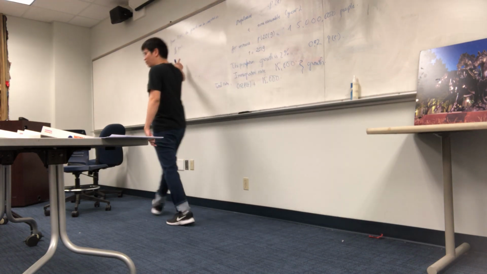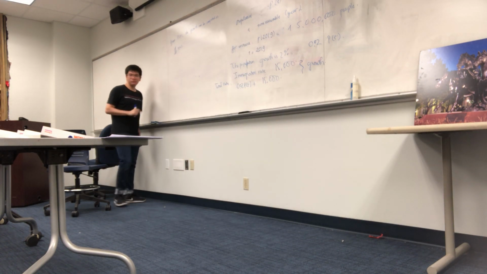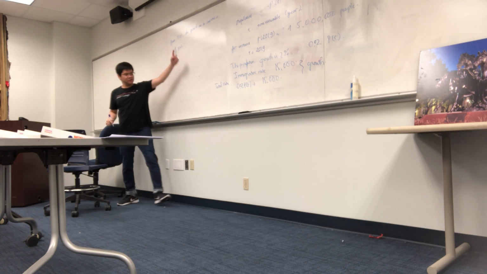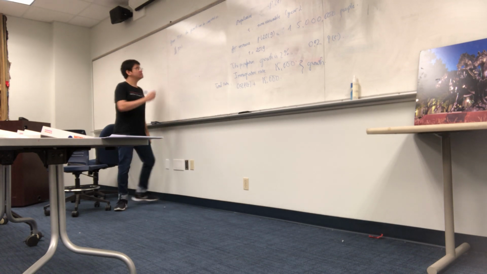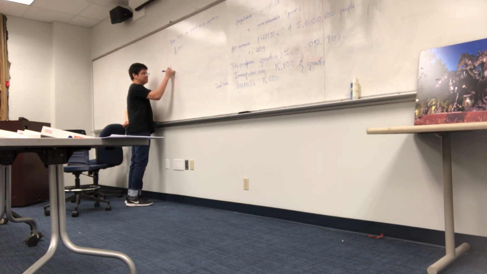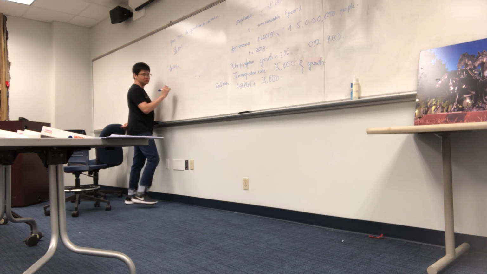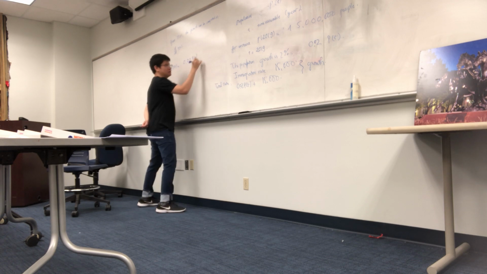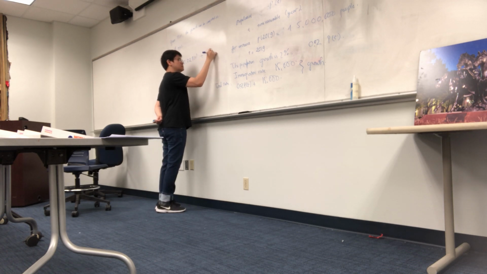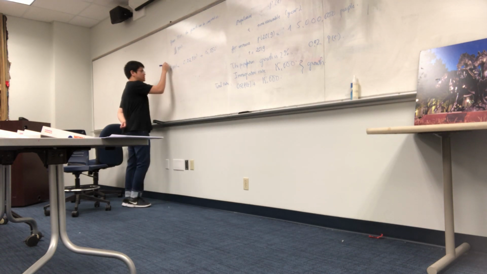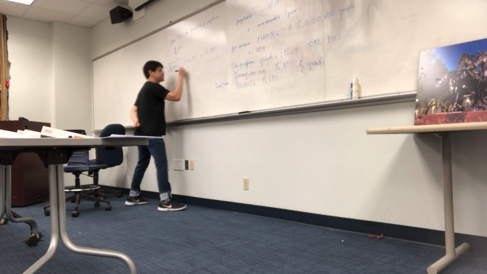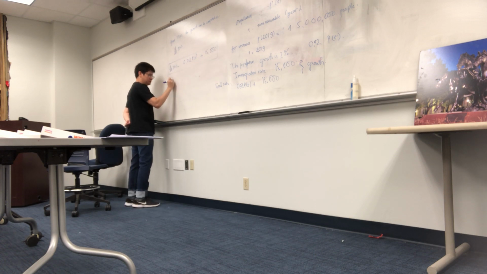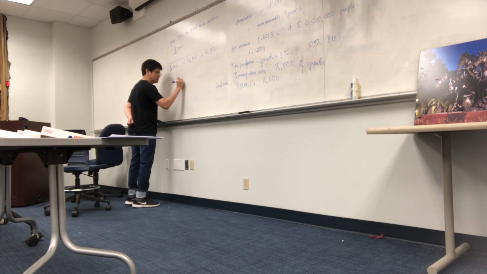So what we do is make this equal to this one. So you have d over dt of p(t) is equal to 0.02 p(t) plus 15,000. All right, so this is a differential equation.